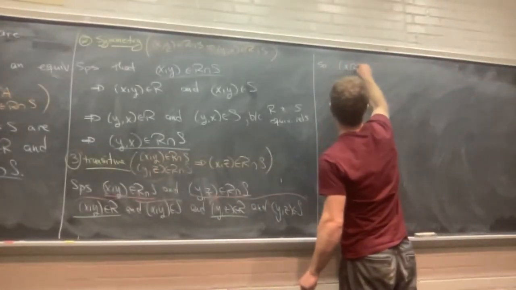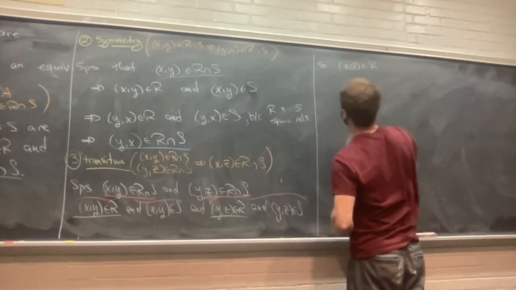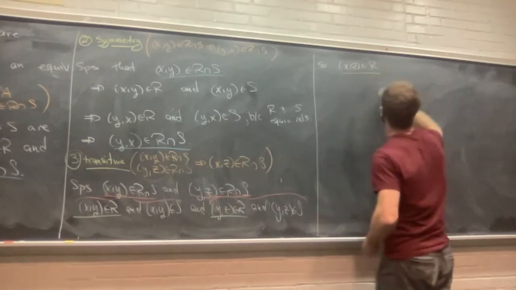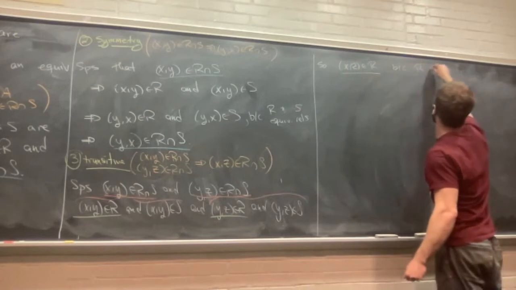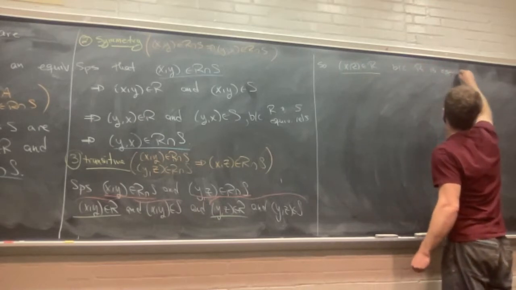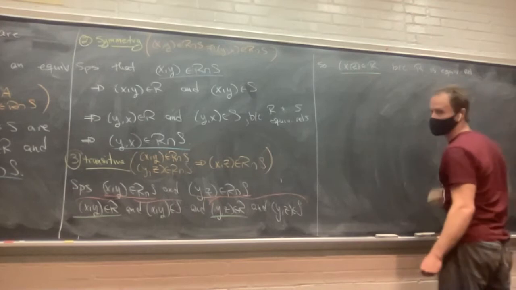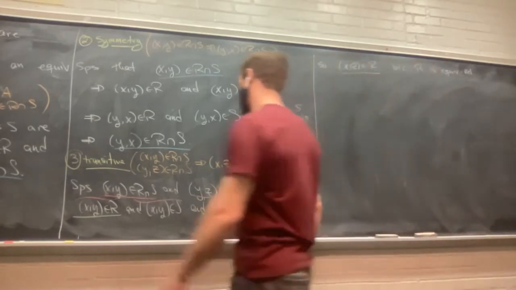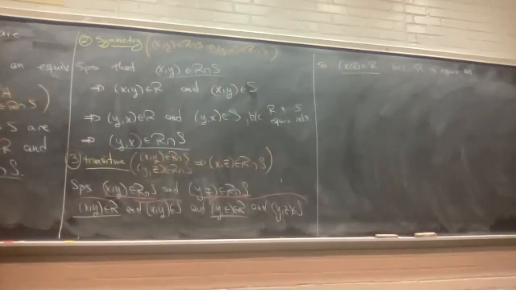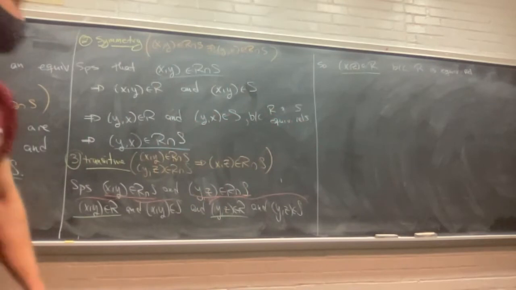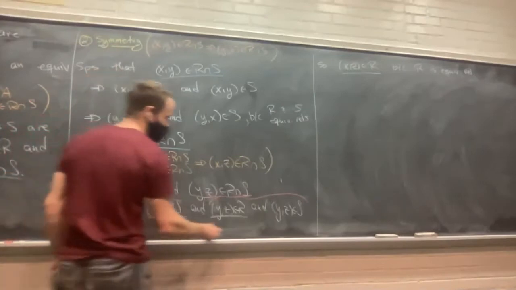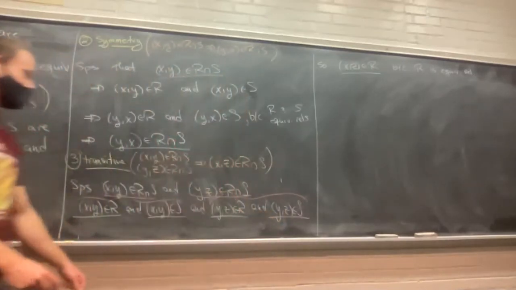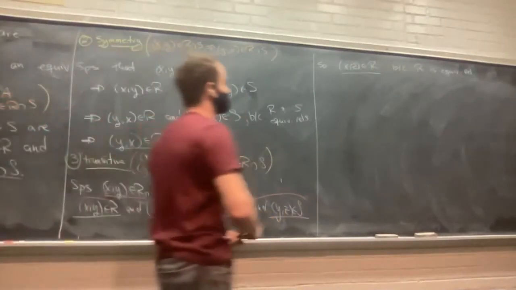So (x, z) is in R. That's because R is an equivalence relation, using those two green underlined things. And then further, using these two pink underlined things, we'll get (x, z) is in S.